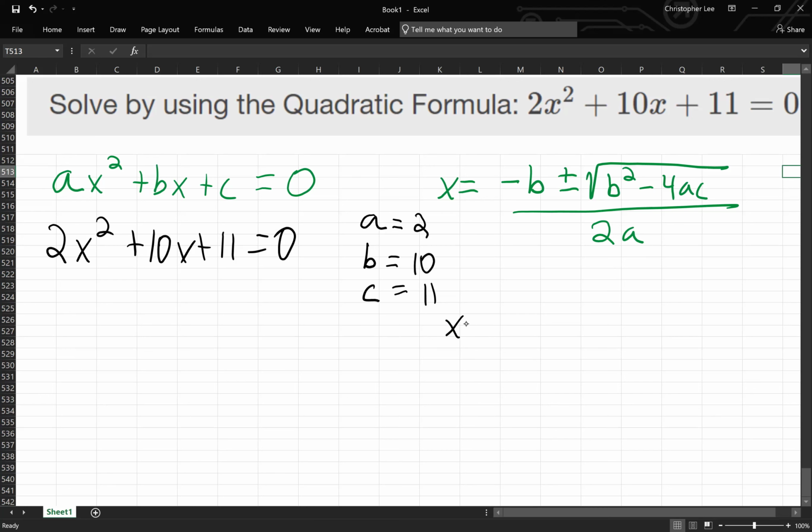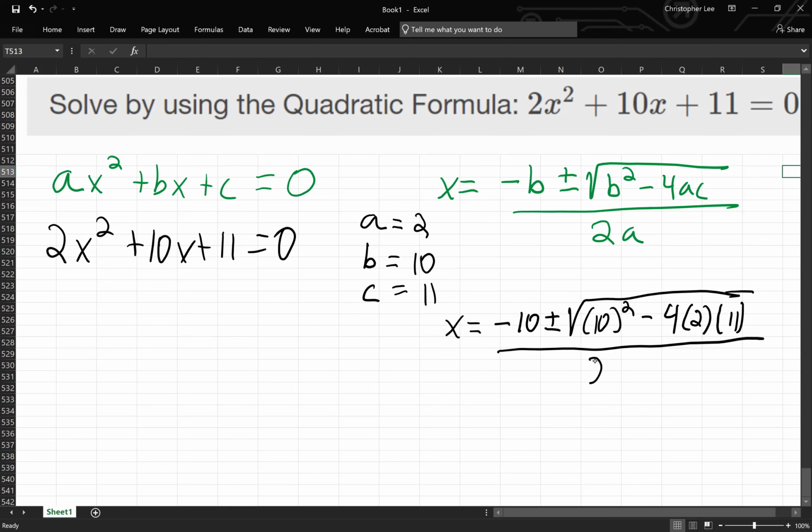So we're going to have x is equal to negative 10 plus or minus square root 10 squared minus 4 times A, which is 2, times C, all divided by 2 times A. So a little bit of math, this becomes negative 10 plus or minus square root 100 minus 88.